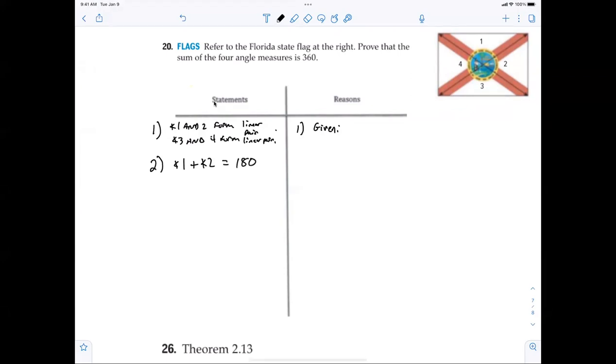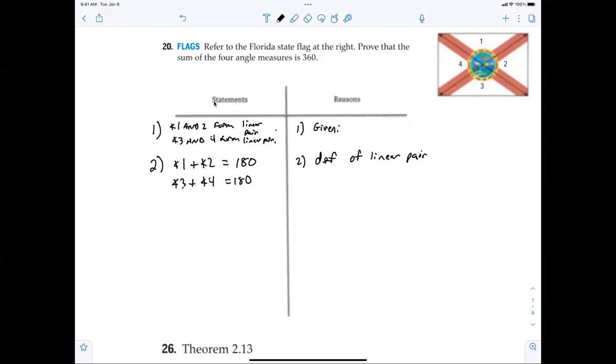Yes. And the same thing, angle 3 plus angle 4 equals 180. Definition of linear pair.